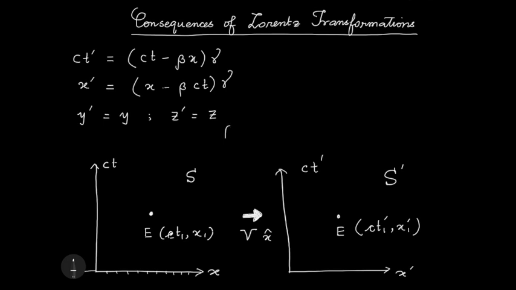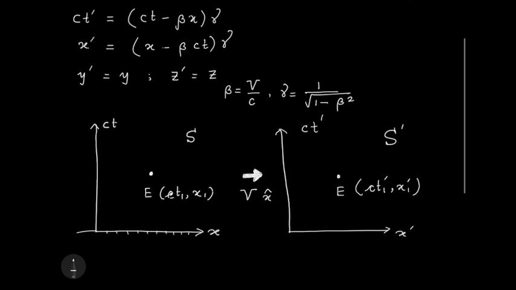And remember that beta is nothing but v by c, and gamma is 1 by root over 1 minus beta square.